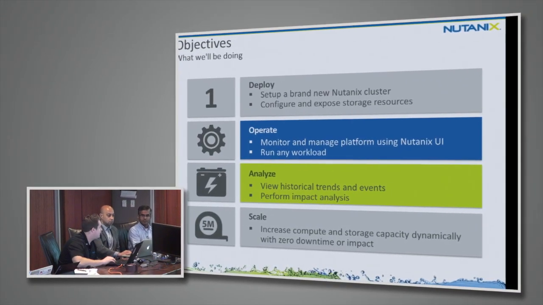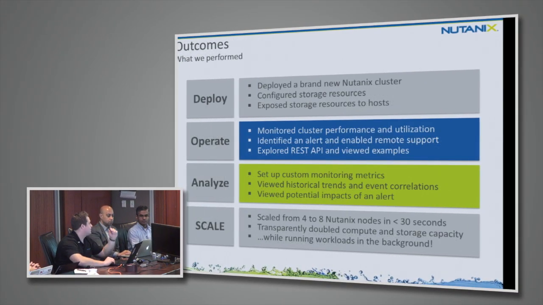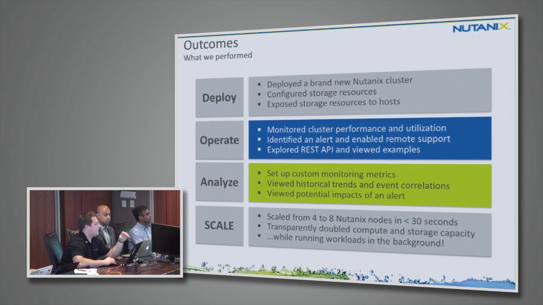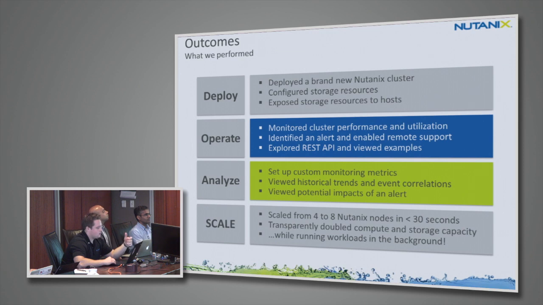Cool. Okay. So, just to give a quick recap of what we did, I'll brush through these because PowerPoint is not always the funnest thing. Realistically, we deployed a brand new from the factory Nutanix cluster. We configured storage resources and exposed those to the ESXi hosts.